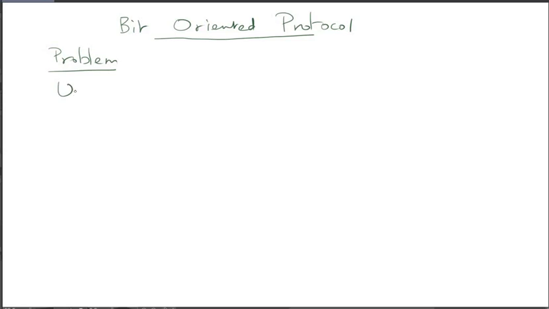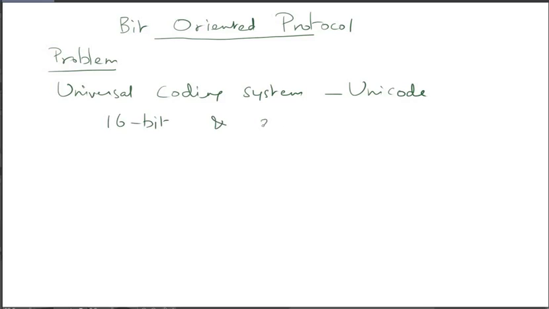If the universal coding system is used, we call this the Unicode. This Unicode system has 16-bit and 32-bit characters.